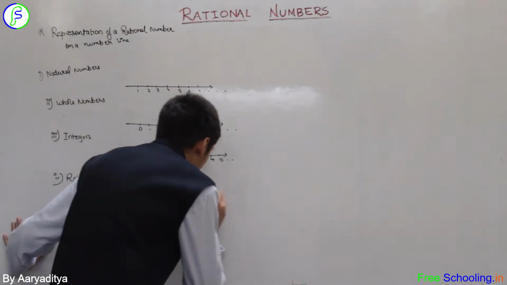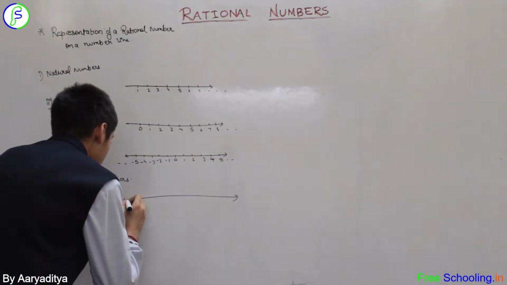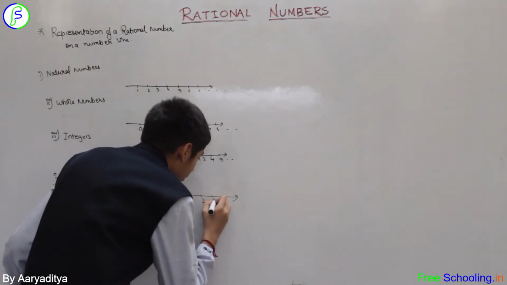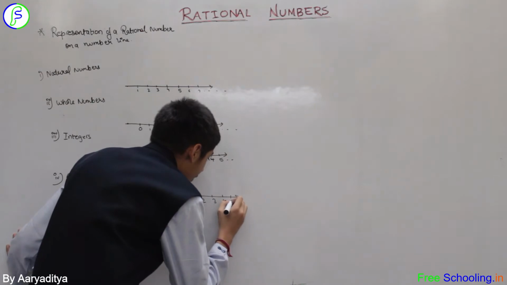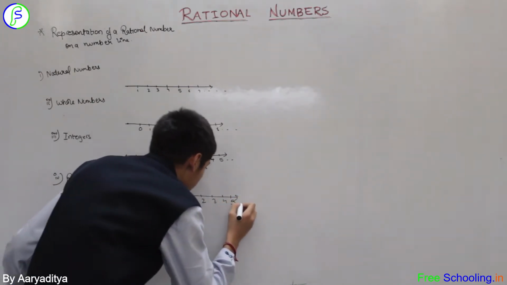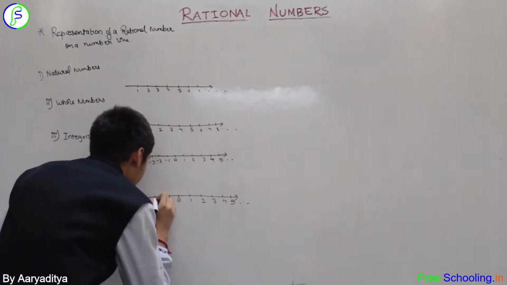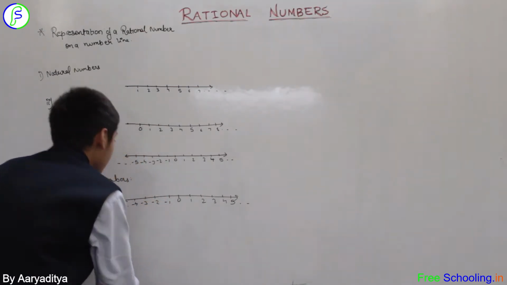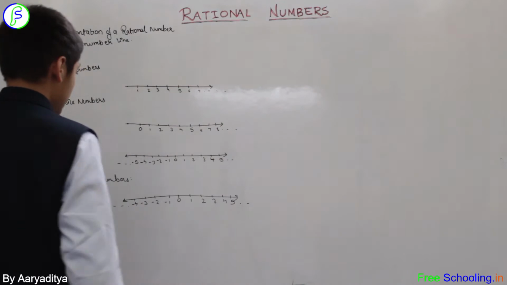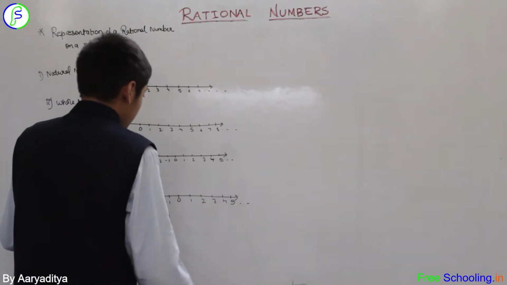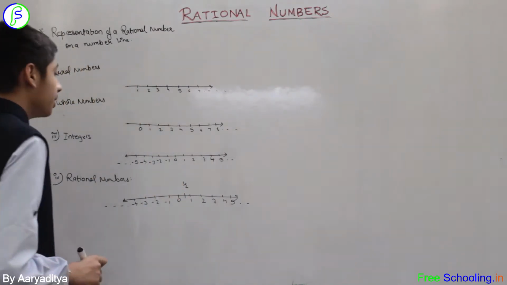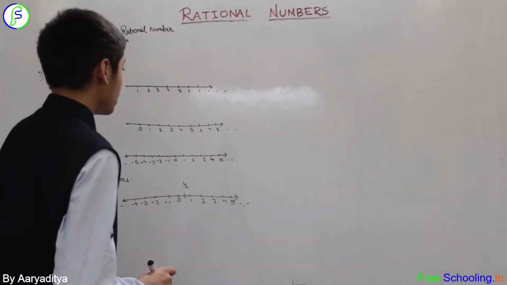So if I have this 0, 1, 2, 3, 4, 5, and so on, coming back, -1, -2, -3, -4, going on the left hand side. If I take any number, suppose I take this, and this comes out to be 1/2, so it is a rational number, and that is represented on a number line.